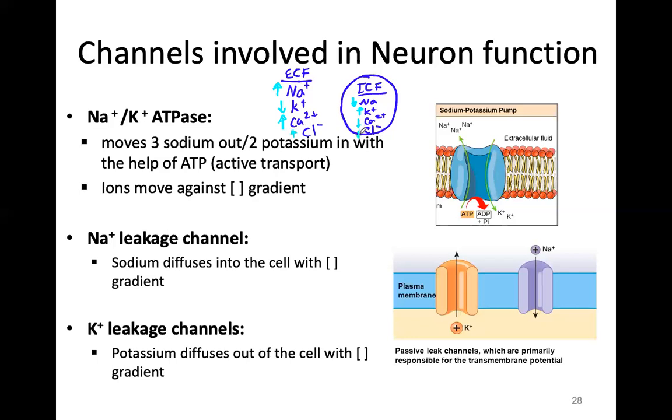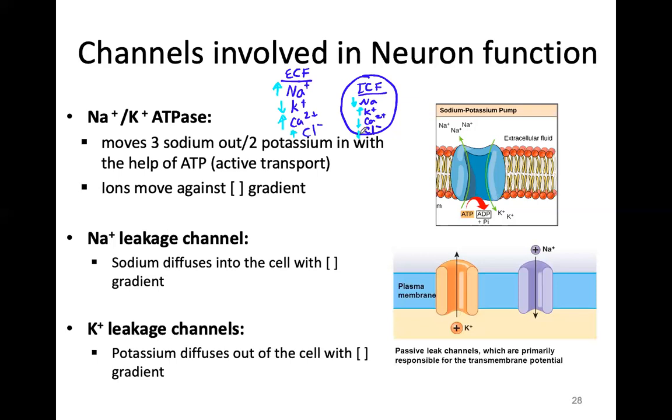So why am I drawing this for you guys? When we're talking about the channels, such as your leakage channels, your voltage-gated channels, or even your ligand-gated channels, whenever they move ions, they move them based on their concentration gradient and via the means of diffusion.